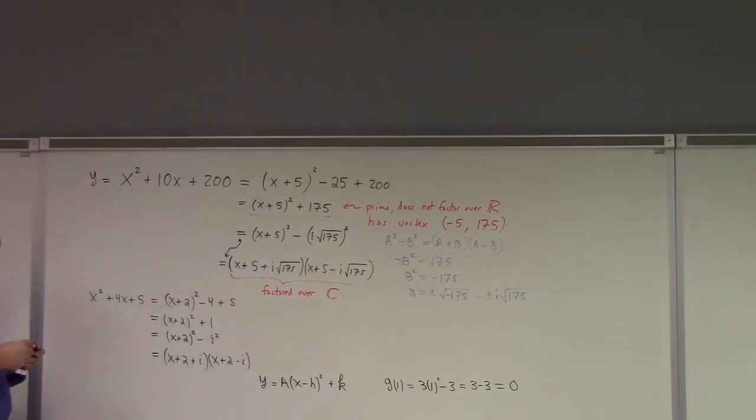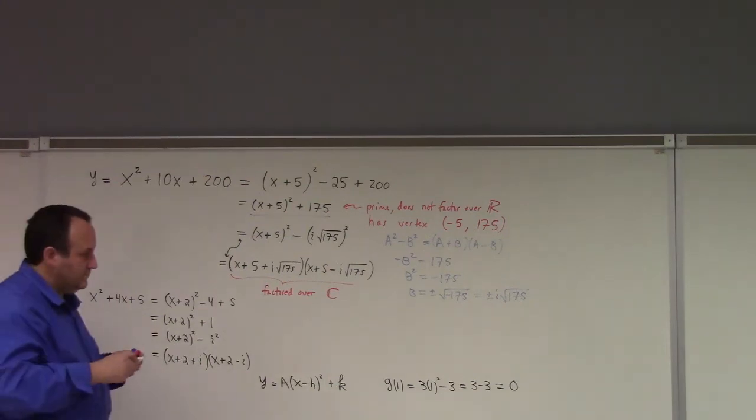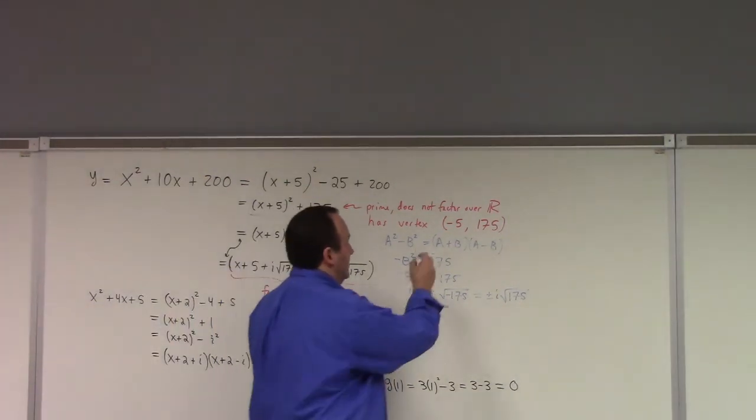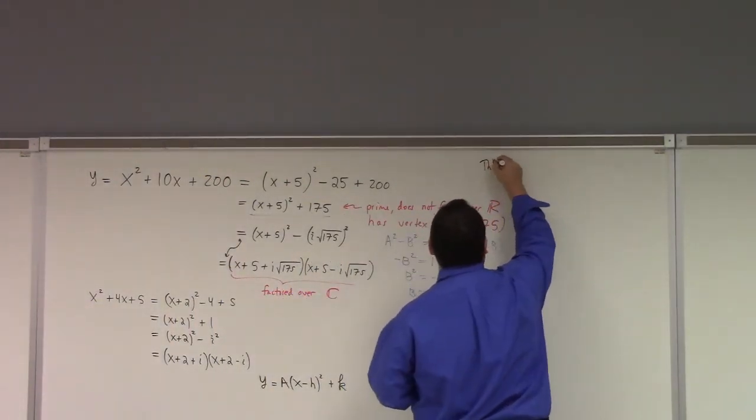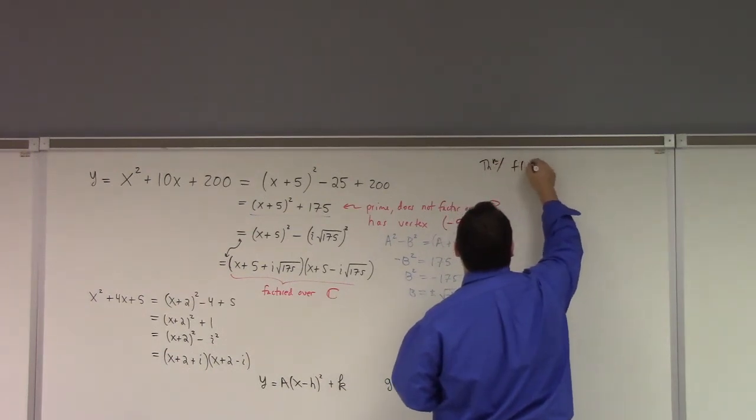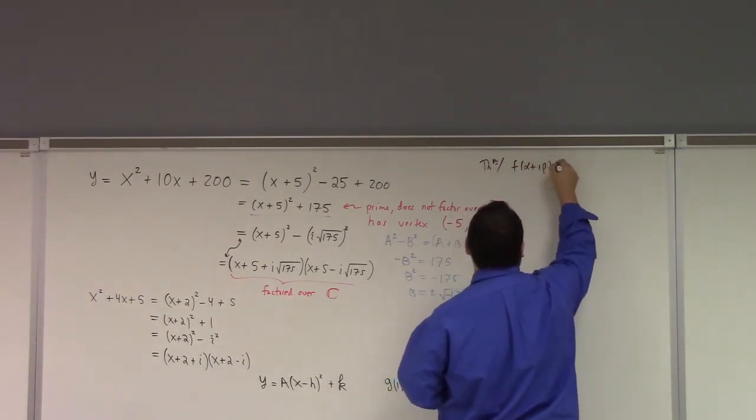So if you look back at your notes, when we talked about the complex zeros, we had a complex zero theorem, and in there I told you if you have a complex zero, it always factors as what? What was the theorem? Let me just write it up here. F of alpha plus I beta equal to 0.